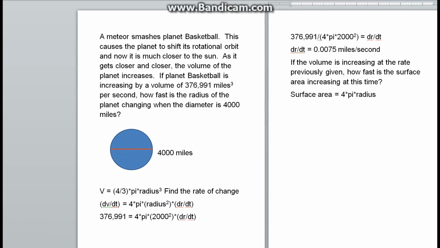Once again, we can derive this to find the rate of change, and since we already have the rate of change of the radius, which is 0.0075, we can find the rate of change of the surface area.